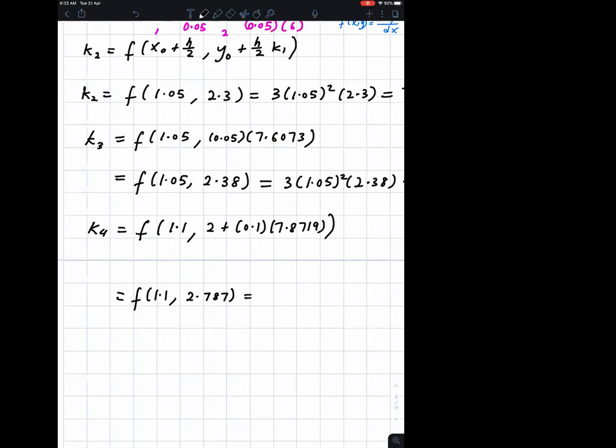Then 3 times 1.1 squared multiplied by 2.787. What does that equal? 10.1168. So let's put K4 as 10.1168. Okay, fine.